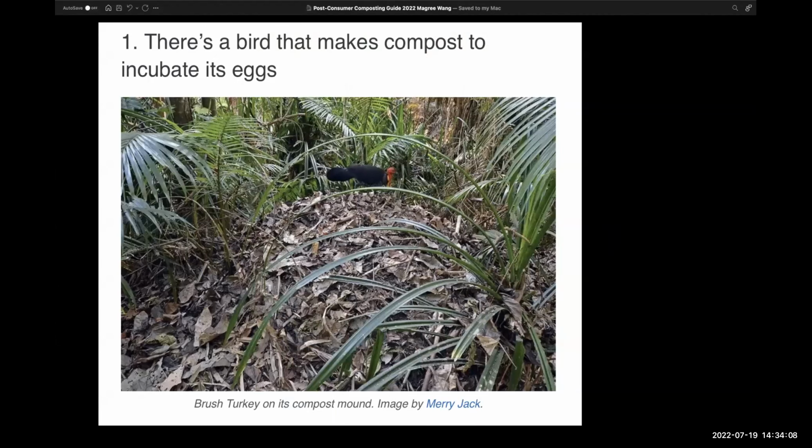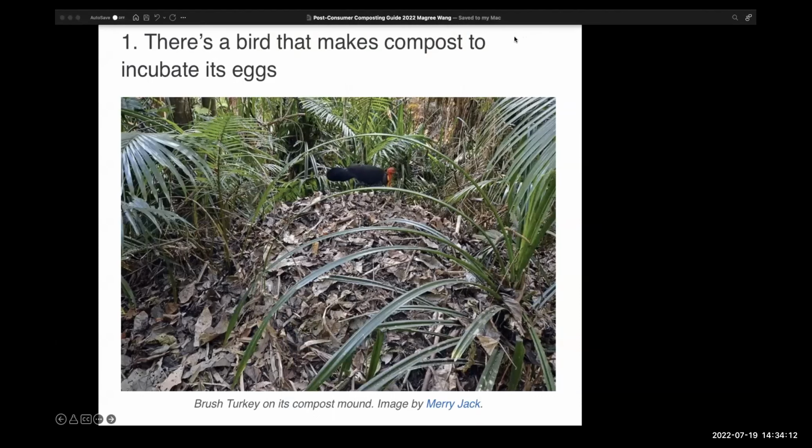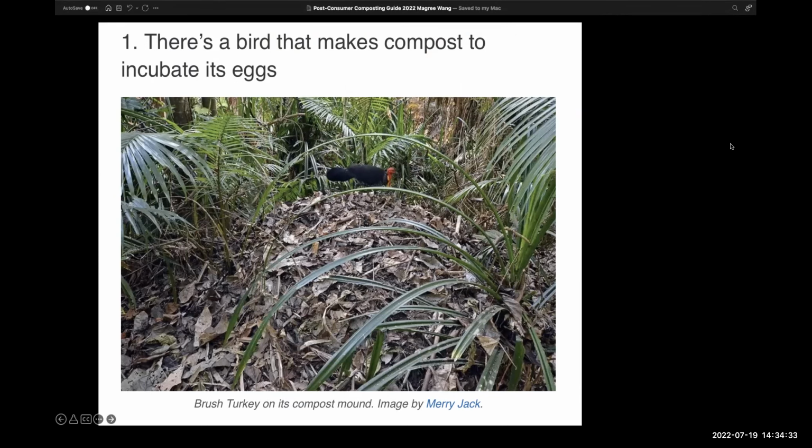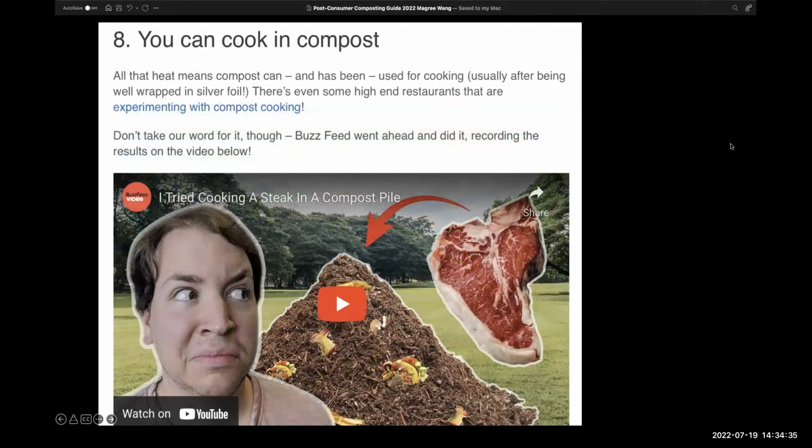And I collected 3 interesting facts about compost. Here we can see that there's a bird that used compost to incubate its eggs, because the compost piles would heat up. That also can bring some benefits to how we use energy wisely. And this one's also related to the heat that the compost pile can generate.